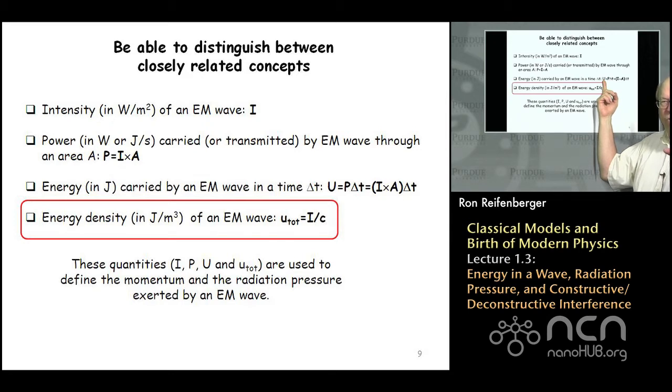So when we deal with energies in electromagnetic waves, we tend to deal with this quantity capital U. The energy carried by a wave is just the power in that wave times the time delta t that wave is illuminating the surface. So the energy U is equal to the intensity I times the area A illuminated times the time interval delta t that illumination is turned on.